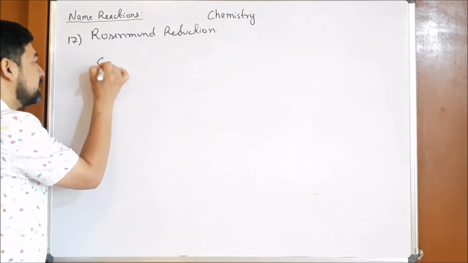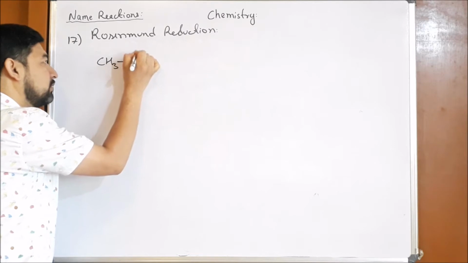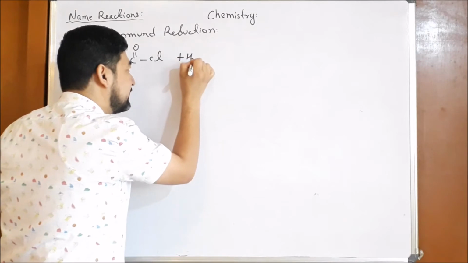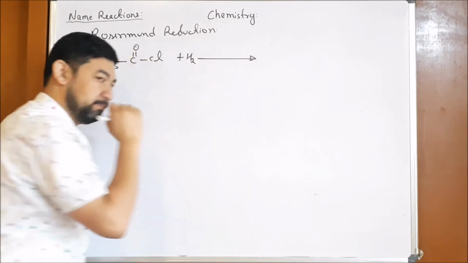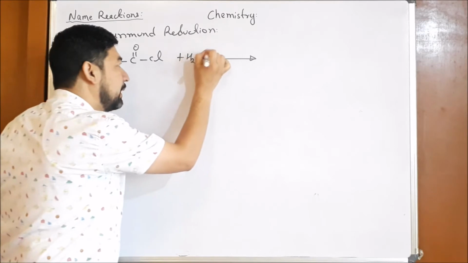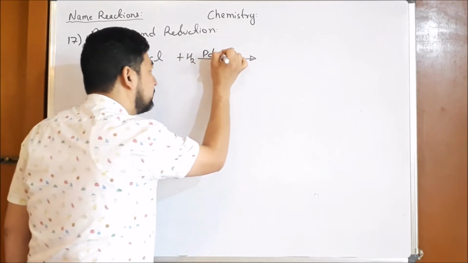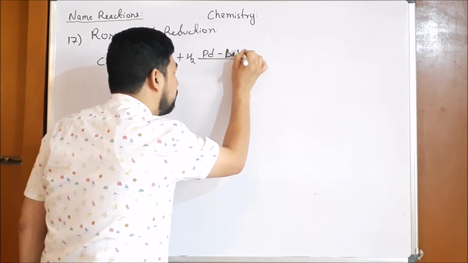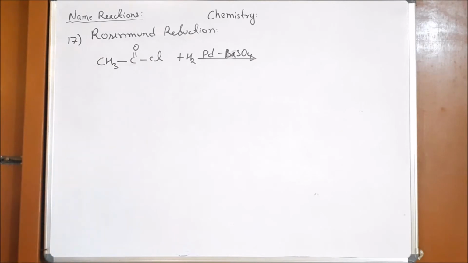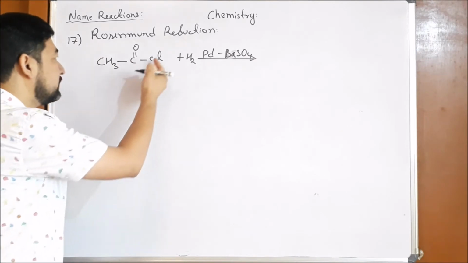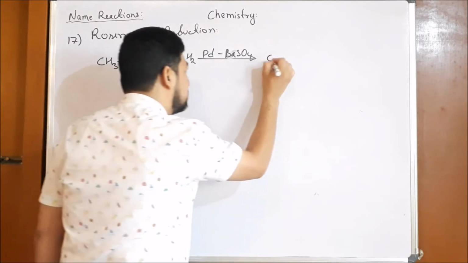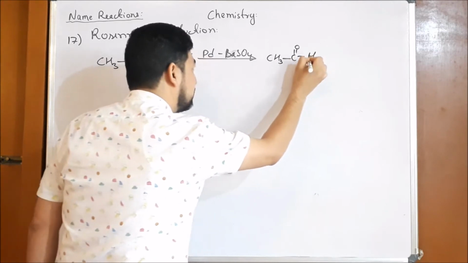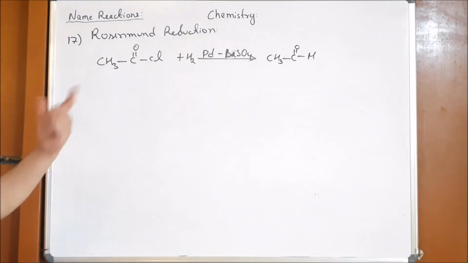For example, if we have acid chloride, or we call it acyl chloride, when it is hydrogenated with H2 over palladium and barium sulfate, BaSO4, a mixture of palladium and barium sulfate, then this Cl will be removed and H will come here. CH3, CHO. This is a very good way for the preparation of aldehyde.